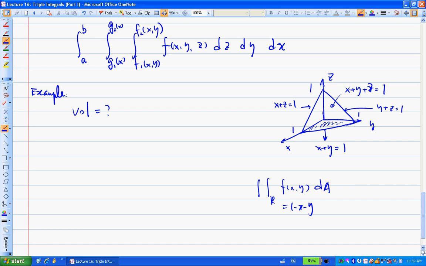How did you get x plus y plus z equals 1? Because this is 1 here, and this is 1 here, so that straight line is x plus y equals 1. I got that one, but the last one, x plus y plus z equals 1, how do I get this one? If you go the traditional way, you have this coordinate, this coordinate, and this coordinate.